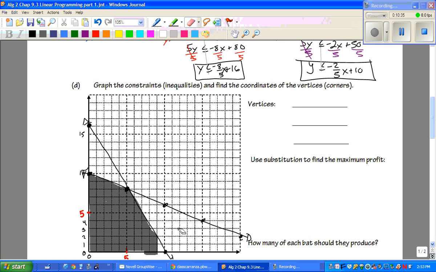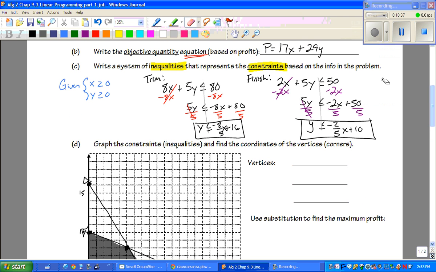Now, one of the things that you need to pay attention to when we're writing our inequalities is the limits, okay? The limits are going to tell you how to set up your inequality, okay?